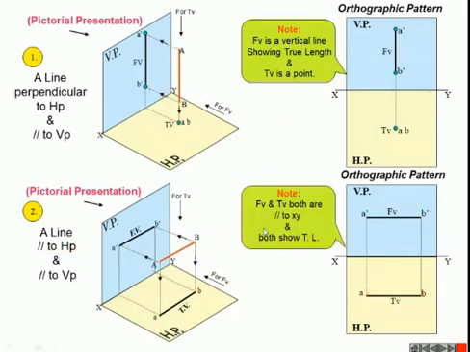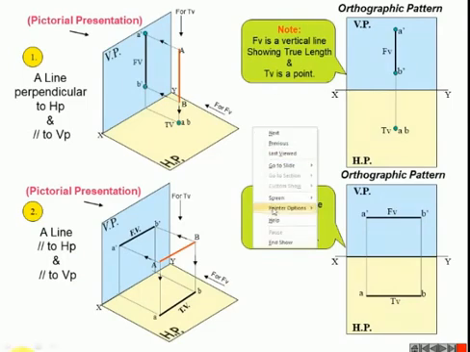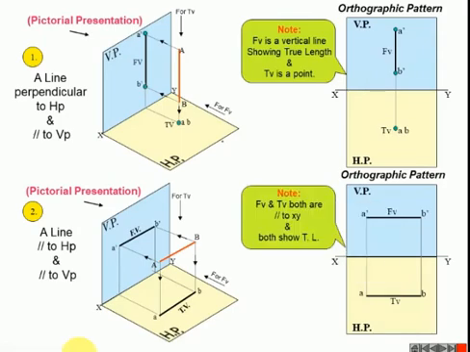Both are parallel to the XY line. One more observation: if the true length is parallel to the XY line, here the front view is parallel to XY, it means the line is parallel to HP. And the top view is also parallel to XY. Based on the projections, we can easily retrieve the orientation of the line AB.